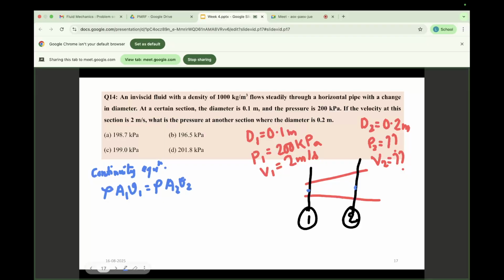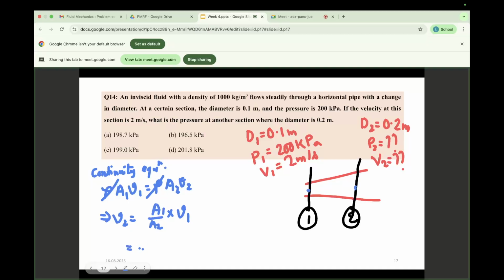As this is water, this rho cancels out. I need to find V2. So V2 means A1 by A2 into V1, right?